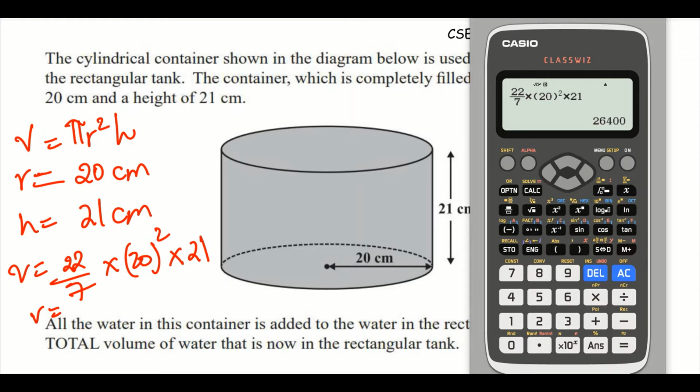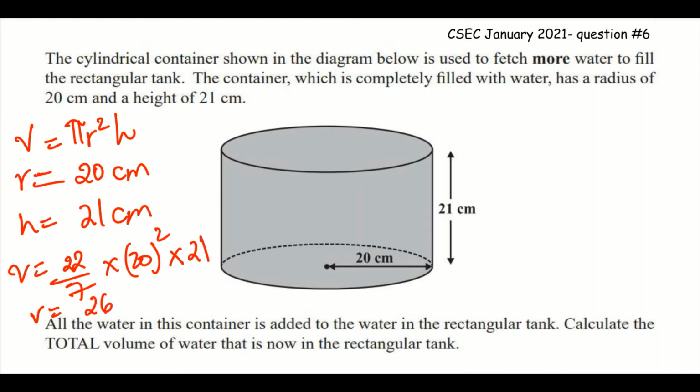So the volume of the water in this tank is 26,400 centimeter cubed. So this tank has 26,400 centimeter cubed of water.